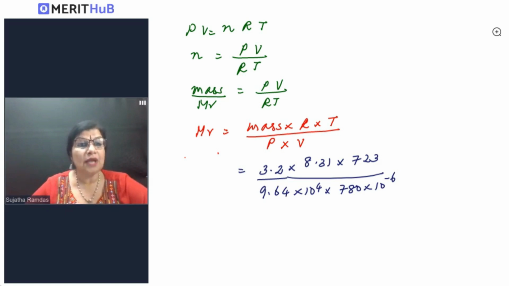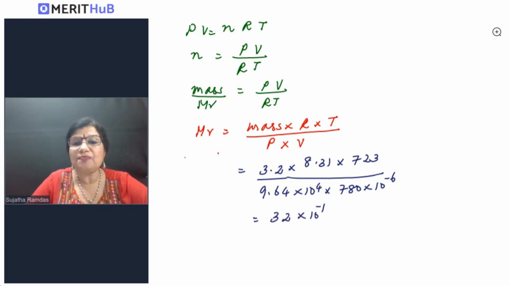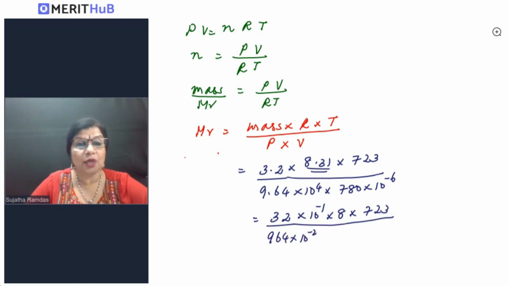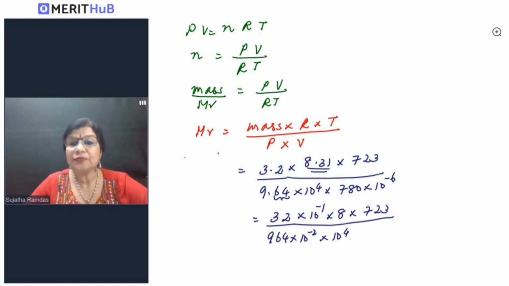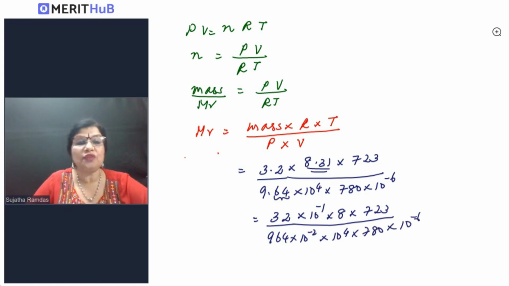So let's round off certain numbers to make the calculation simpler. So let's convert the 3.2 to 32 into 10 to the power of minus 1. 8.31, let us make it 8 into 723 divided by 964 into 10 to the power of minus 2 into 10 to the power of 4. So I've made this into a whole number into 780 into 10 to the power of minus 6.